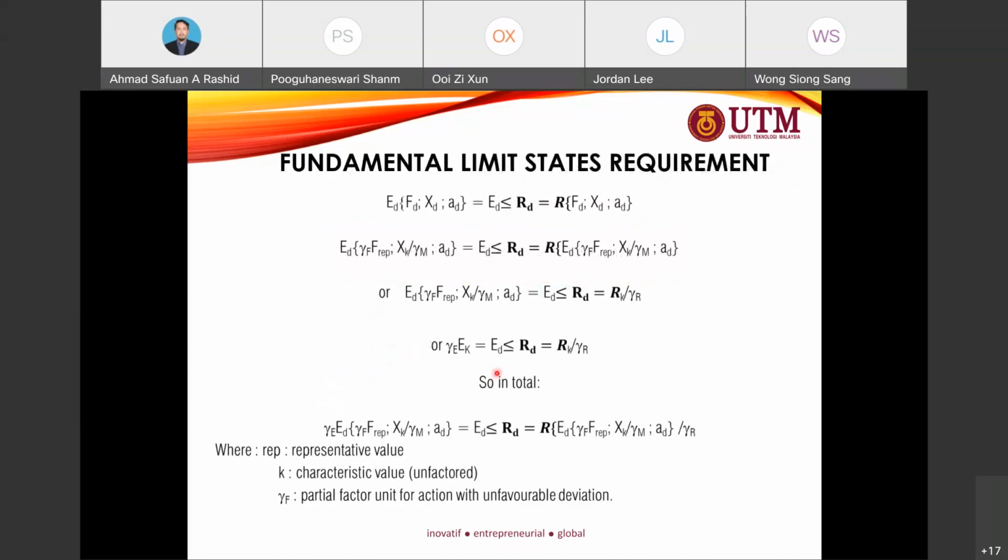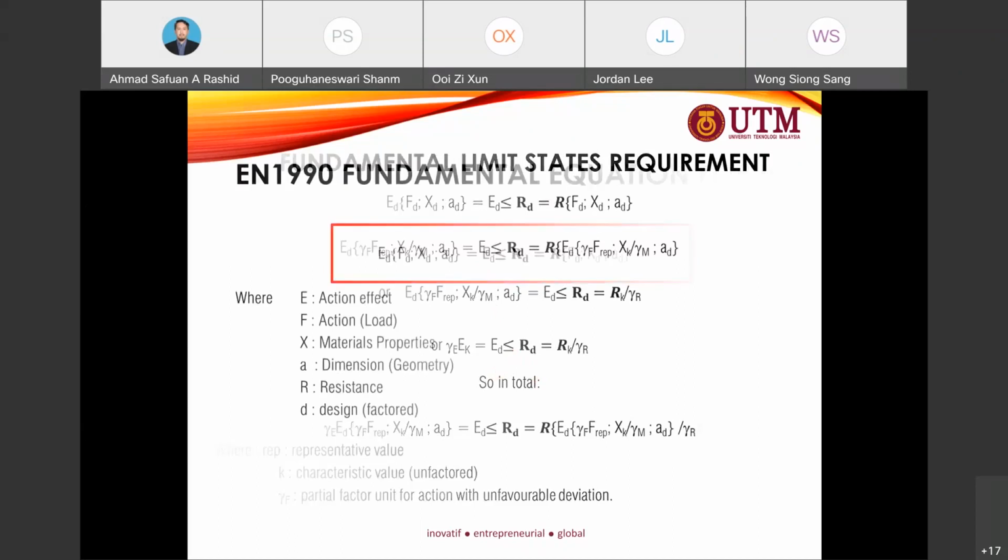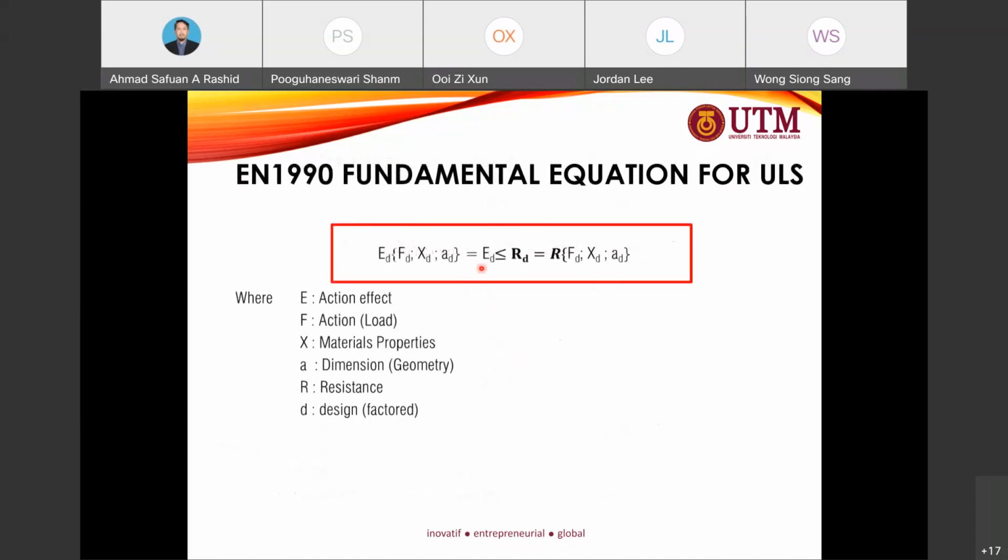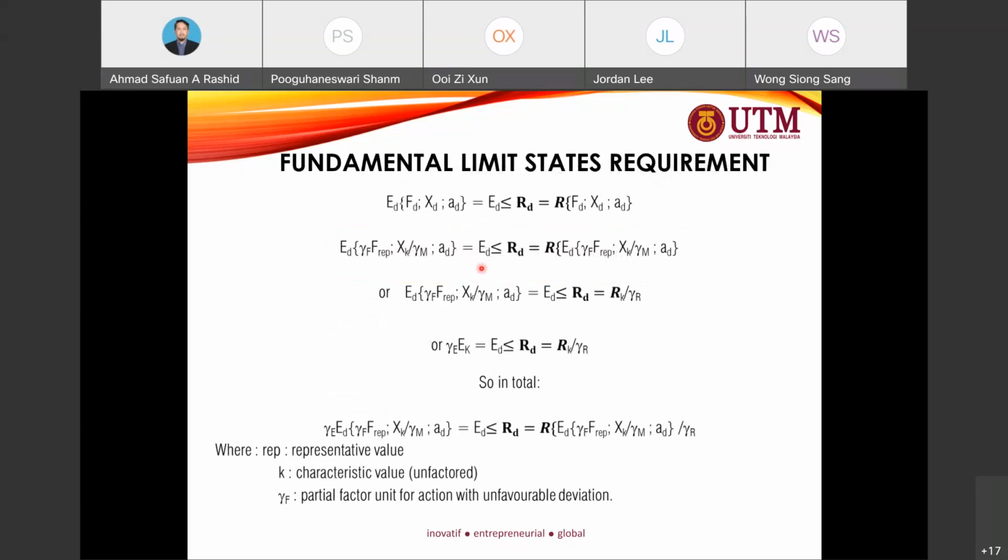Based on this first equation, they include what we call the representative value, the characteristic value, and the partial factor for actions with unfavorable deviations in the equations.